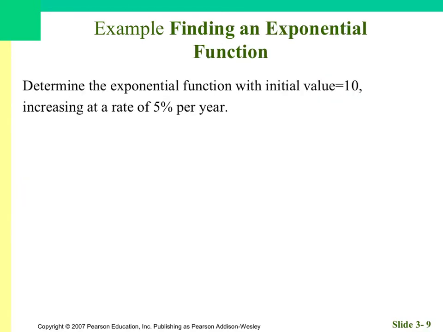Determine the exponential function with an initial value of 10, increasing at a rate of 5% per year. Okay, so P of t equals 10 times (1 plus 0.05) to the t.